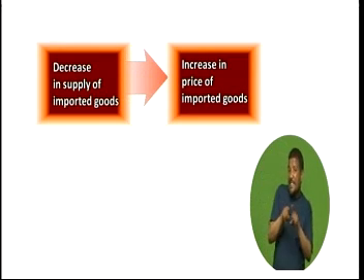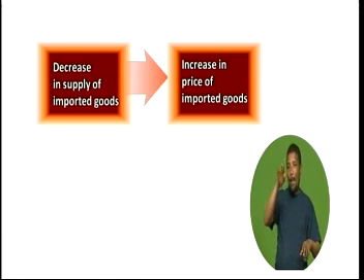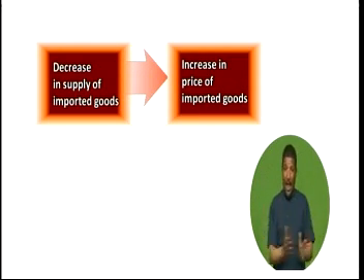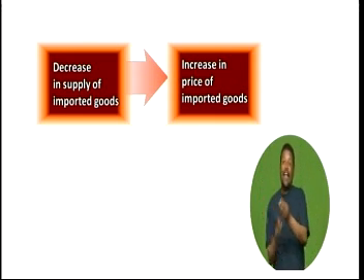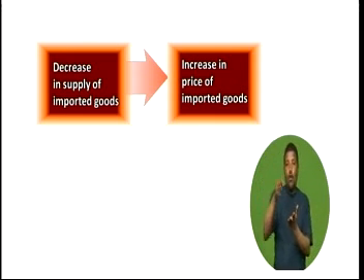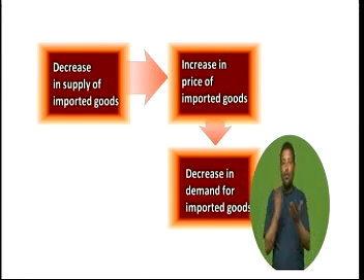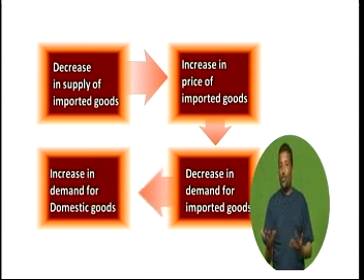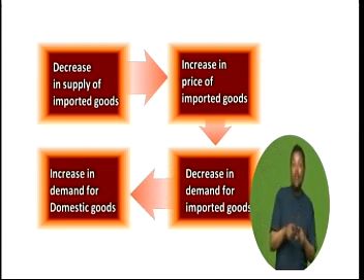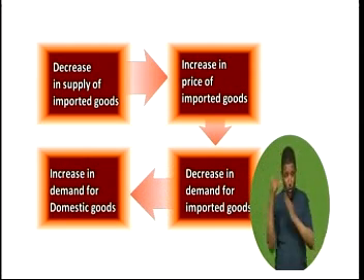Ceteris paribus, a decrease in supply of imported goods leads to an increase in the price of the imported goods, which in turn leads to a lower demand for the goods. Consequently, the demand for domestically produced goods will increase.